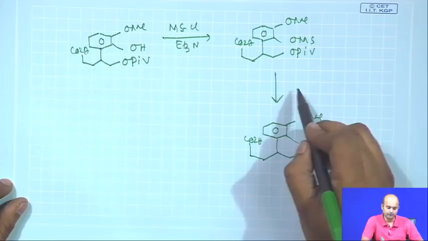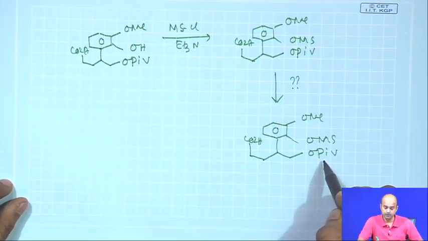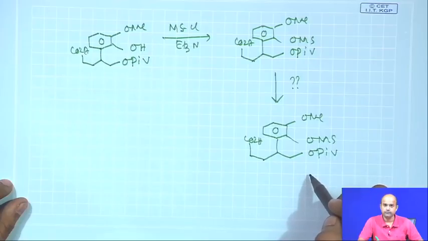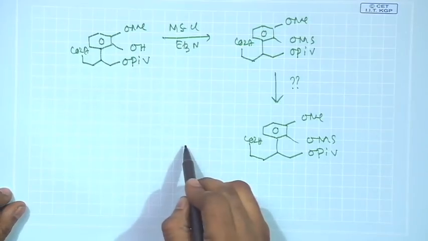But in the sequence, if some of the pivaloyl group is lost or hydrolyzed, that also can be possible, but eventually you can come back to the original pivaloyl by just doing a functional group manipulation.